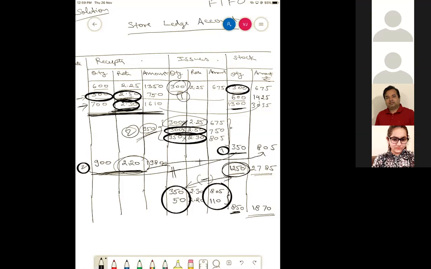See, at last you see the quantity, this one. I'm using a different color. So at last we were having 1250 units. Is it clear? Yes, sir. Now we issued how much? 400. So you subtract 1250 minus 400, 850.